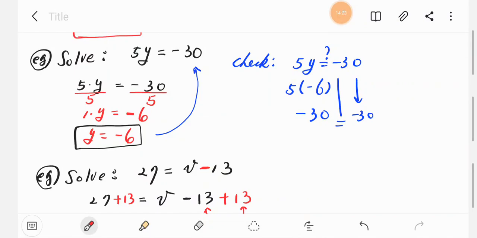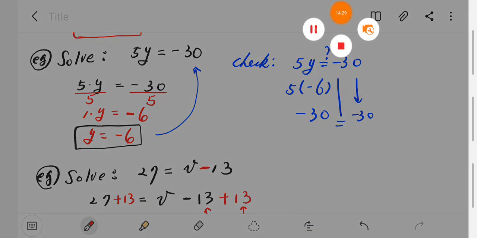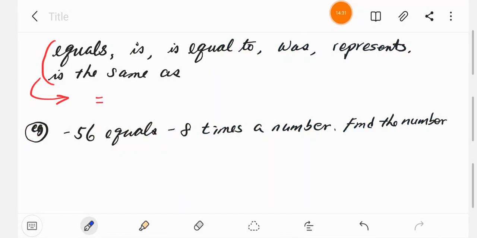Okay, let's try another example. An application problem. Whenever there is a word like equals, is equal to, was, represents, is the same as, then always convert these words to the equal sign.